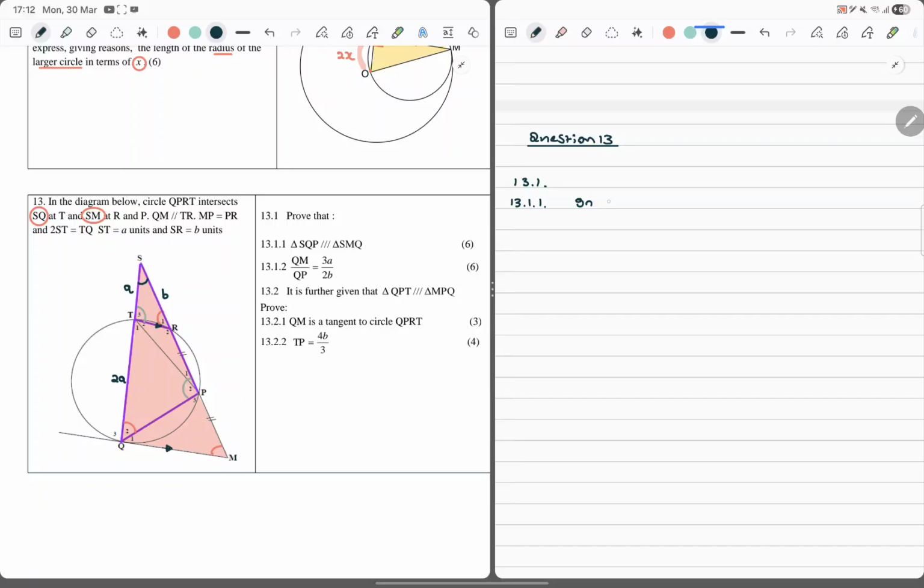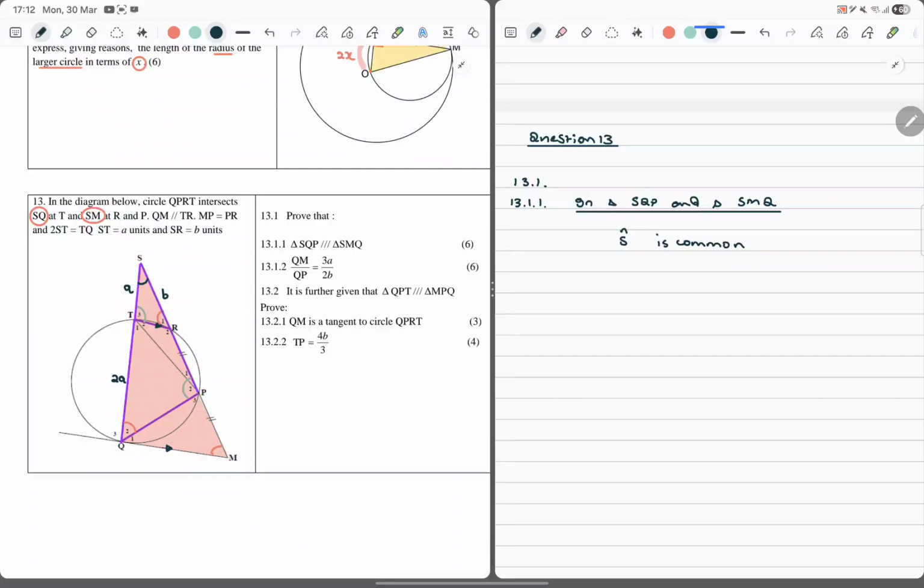So we will say in triangle SQP and triangle SMQ, what do we have? We know that angle S is common.